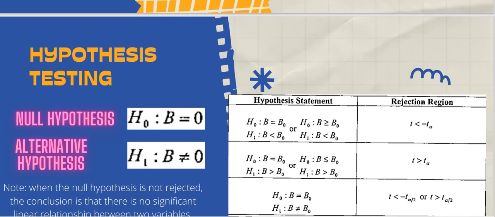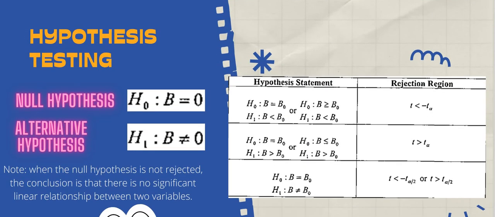Next is hypothesis testing. It's the same thing: we have a null hypothesis and an alternative hypothesis. For the hypothesis we use H naught and it must be equal. It's the same concept, no difference from the previous chapters, but the difference is the slope, not the mean or proportion.